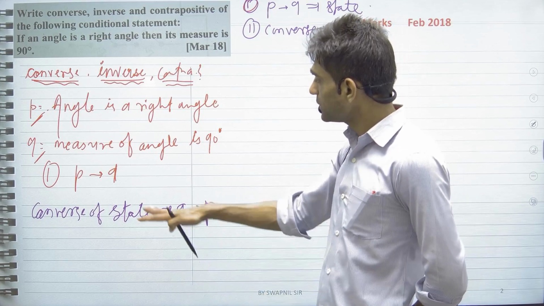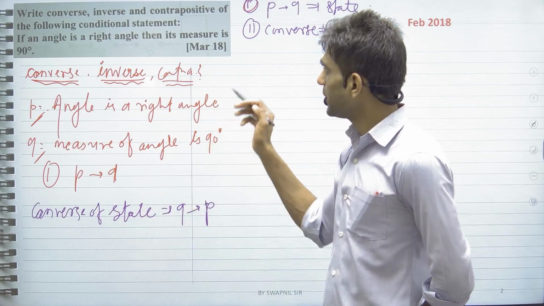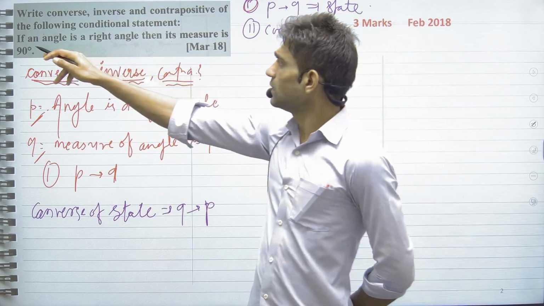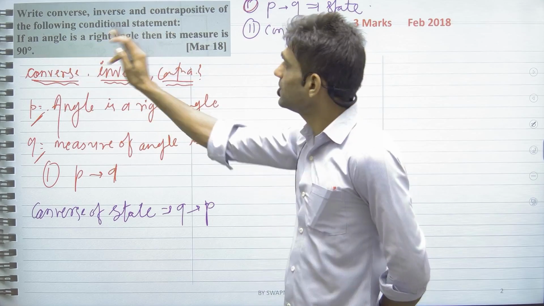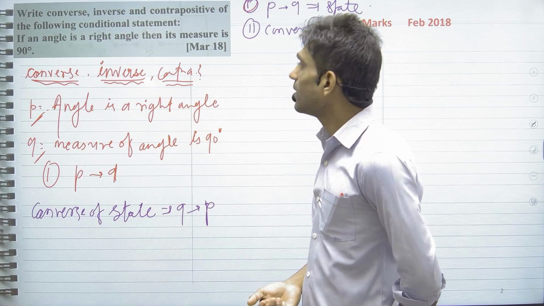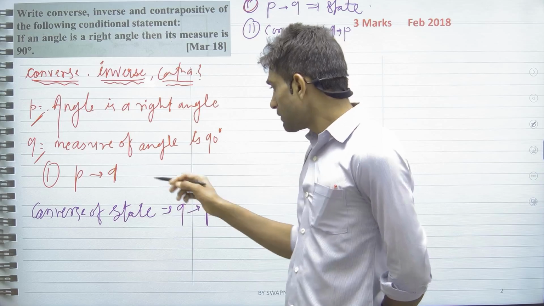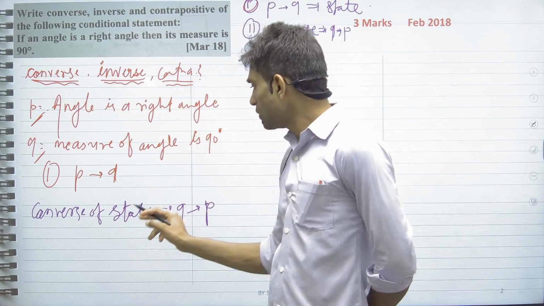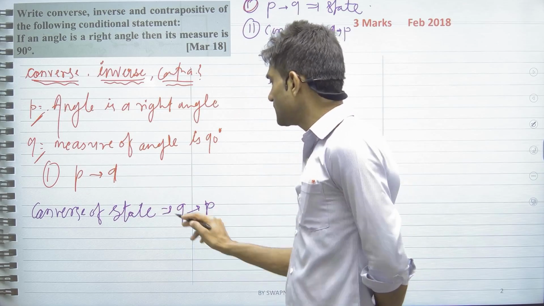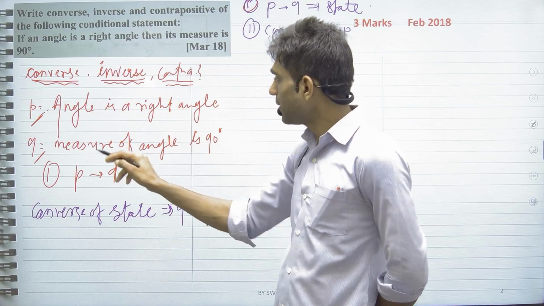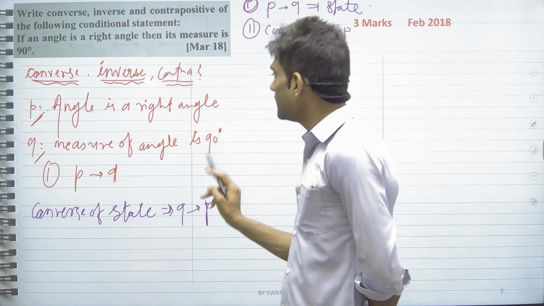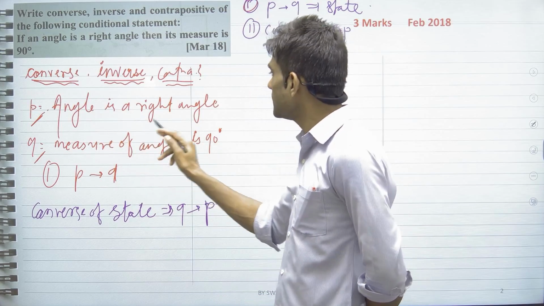Now what we do here is substitute the values from our statement. Our statement says if angle is a right angle, then its measure is 90 degrees. If we have P implies Q, then its converse is Q implies P. That means: if measure of angle is 90 degrees, then angle is a right angle.